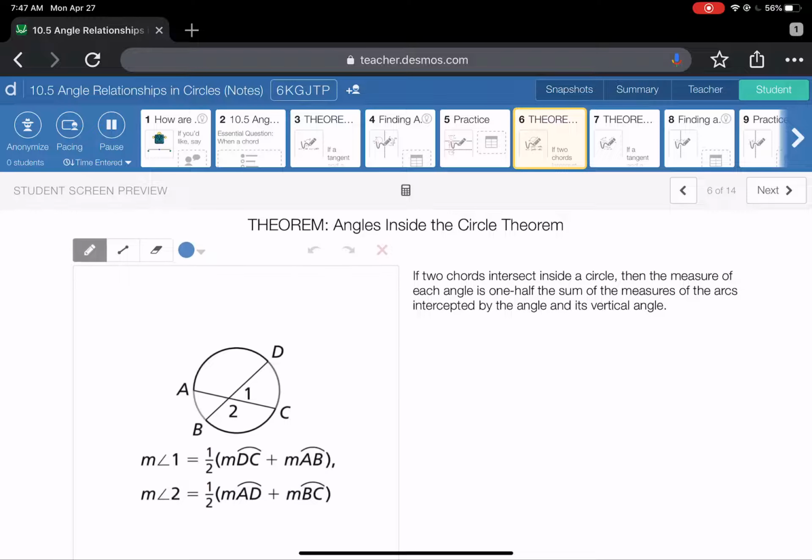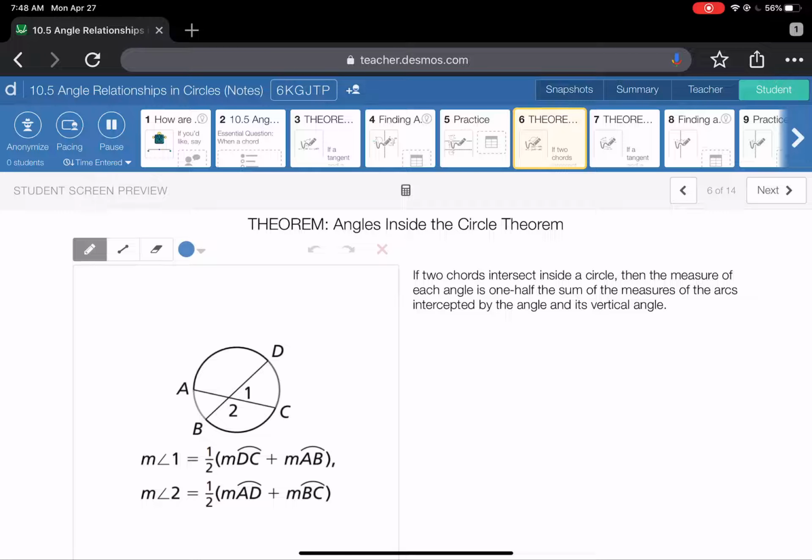All right, we have a couple of theorems to go before we go to the next example. So, the angles inside of the circle theorem. If two chords intersect inside of the circle, then the measure of each angle is 1/2 the sum of the measures of the arcs intercepted by the angle and its vertical angle.